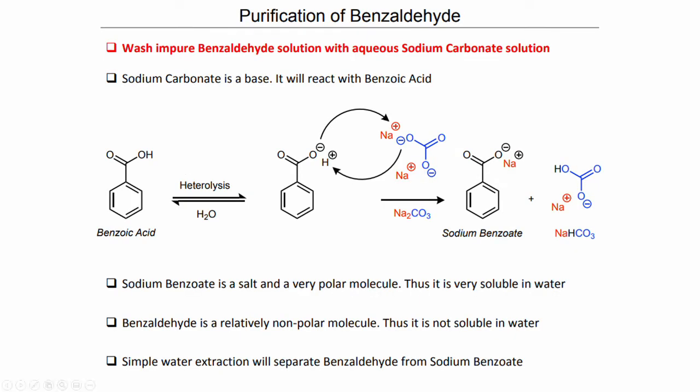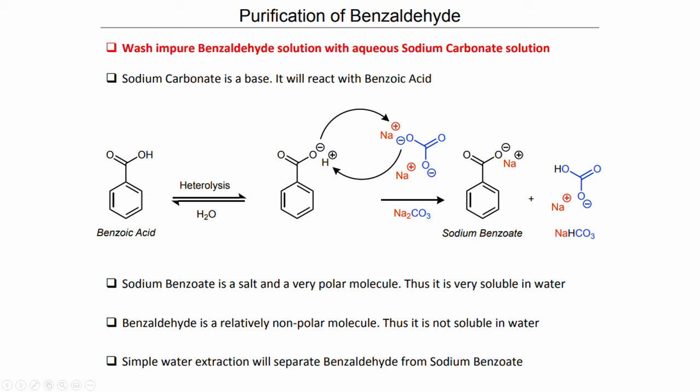So we don't want benzoic acid in our benzaldehyde. We want to use pure benzaldehyde for the future experiments. So what we need to do is remove this benzoic acid so that all we're left with is benzaldehyde. And we can do this by using sodium carbonate. Sodium carbonate is a base that will react with benzoic acid.